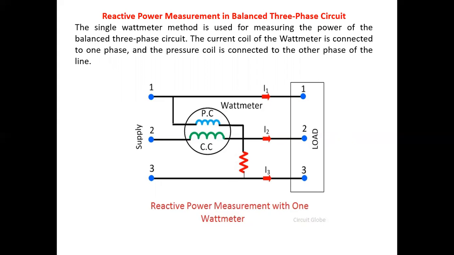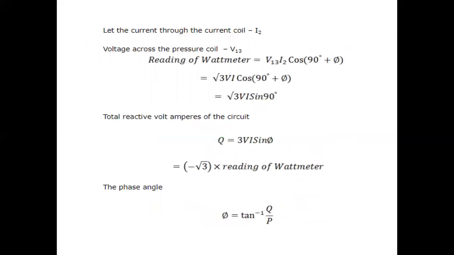How do we calculate this reactive power? It is derived as follows. Let the current through the current coil be I2 and the voltage across the pressure coil be V13. Then the reading of the wattmeter is V13 into I2 into cos of (90 plus phi), where 90 plus phi is taken from the phasor diagram.